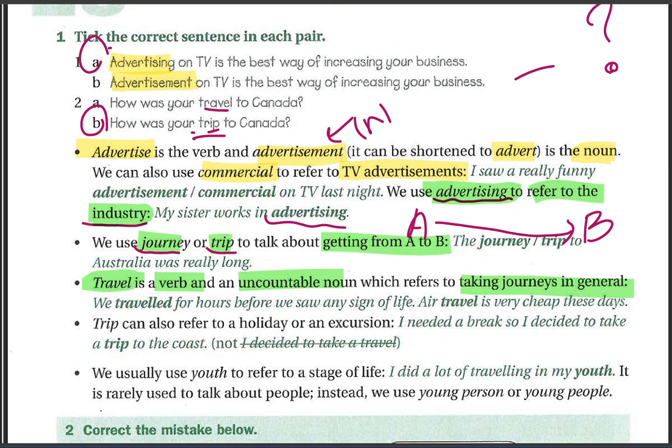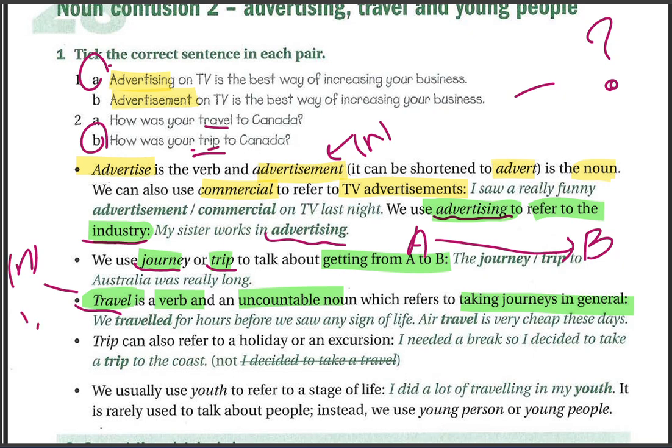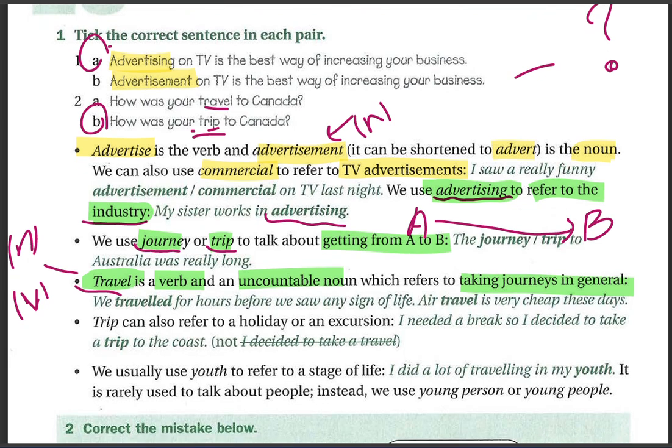So, when you want to talk about going somewhere in general, you use travel. It can be noun or verb. Both of it can be true. But when it's about just changing location from A to B, you use journey or trip.